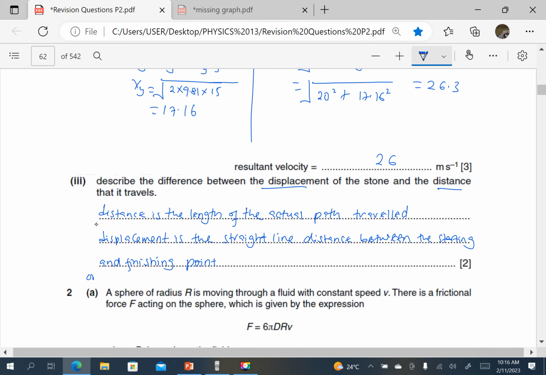In fact, we can simply say displacement is the shortest distance between the start and the finish points.